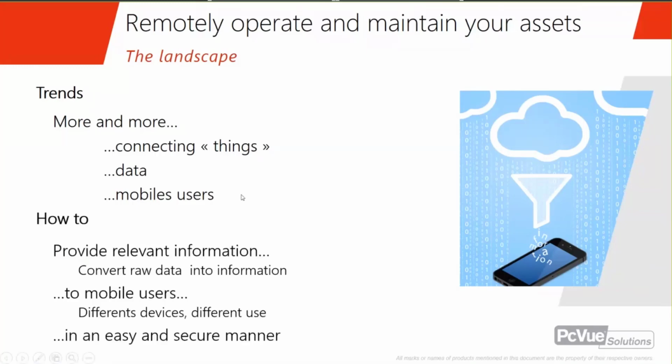In this context, the challenge is how to provide relevant information from raw data, and how to convert the raw data into information for the mobile users, knowing that there are different devices, different uses, different needs for mobile users, and all of that must be done in an easy and secure manner. That's more or less the challenge that we have here.